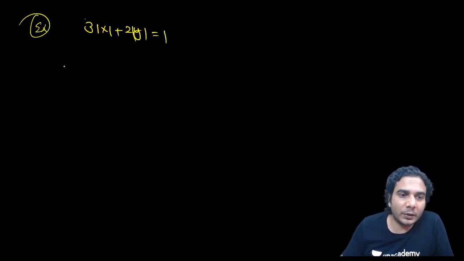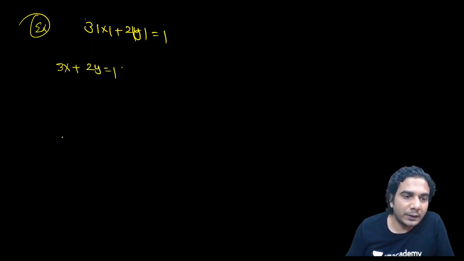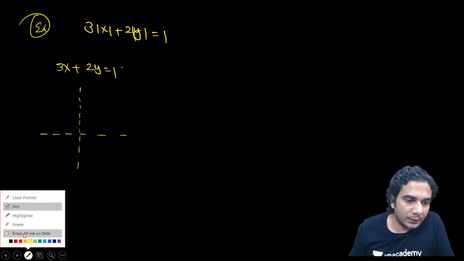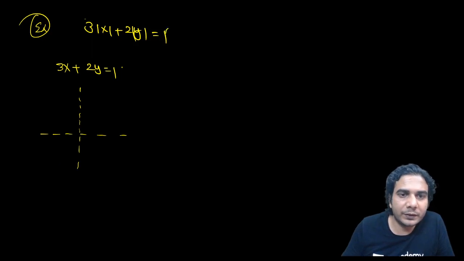So if I give you another example, say 3 times mod of x plus 2 times mod of y is equal to 1. Okay, so you can again plot it. It's easy to plot. First you'll plot this line, 3x plus 2y is equal to 1. See how to plot it. I'll make it 6, it will just keep the equation simple.